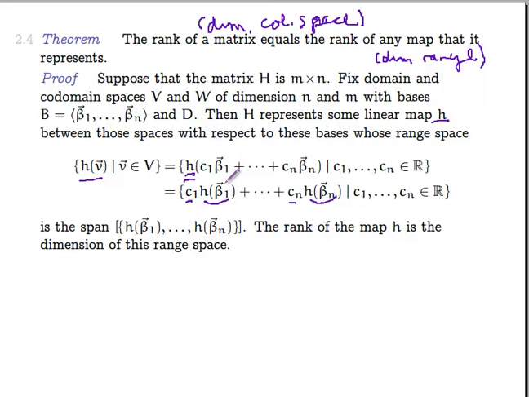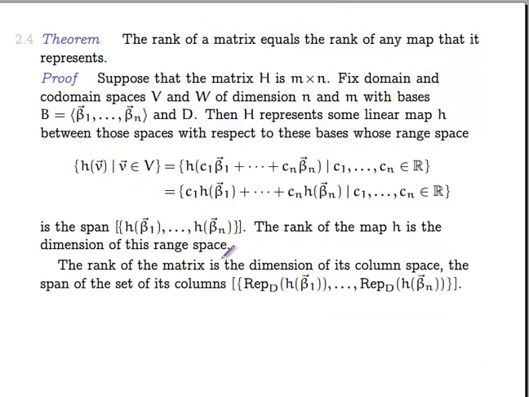That tells us that the range space, which consists of all possible images of H, is spanned by H of the basis vectors. The rank of the map H is the dimension of this range space by definition. We want to identify that with the dimension of the column space of the corresponding matrix. Let's see how that's done.